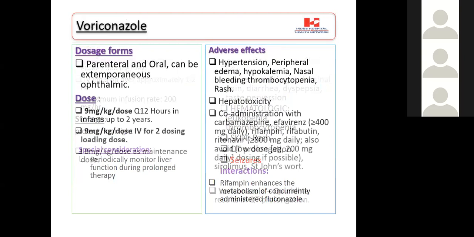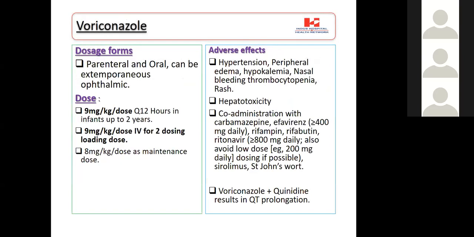Another one is voriconazole. It's available in parenteral and oral form. It can be used at 9 milligram per kg per dose in divided doses. It has the same effects that need to be monitored, like QT prolongation and liver functions.